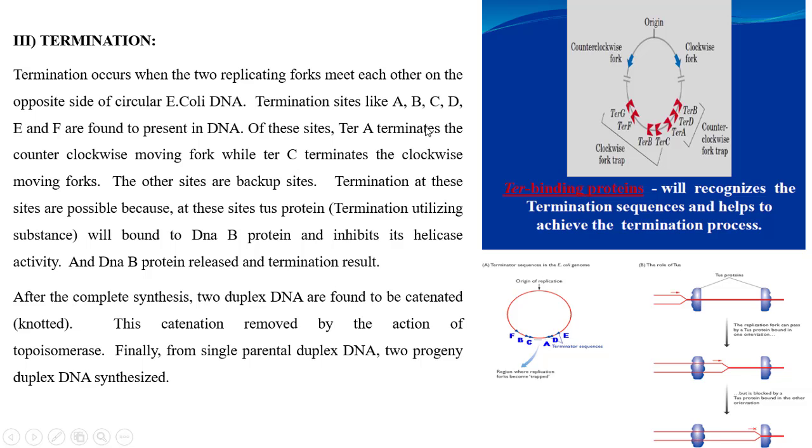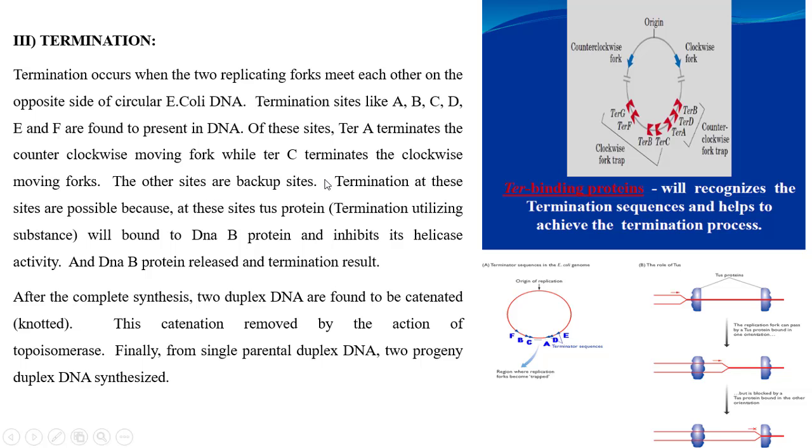The termination sequence contains the termination sites, namely A, B, C, D, E and F. The ter sequences move clockwise by ter A, ter D and ter B. The ter sequences moving anti-clockwise are ter B, ter F and ter G. When the two forks meet at the end opposite the origin of replication, the replication fork moves like that and reaches the end. When it meets, the termination is formed.